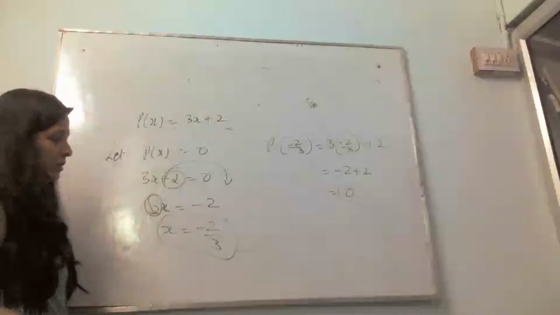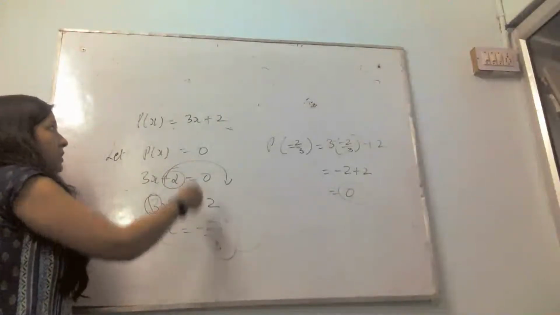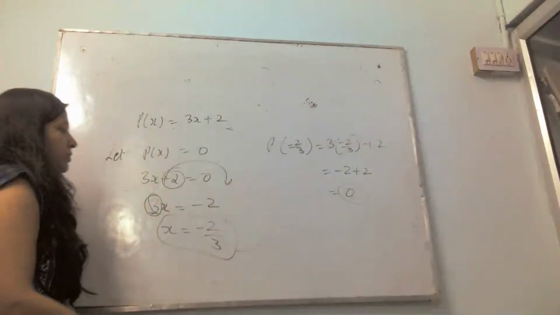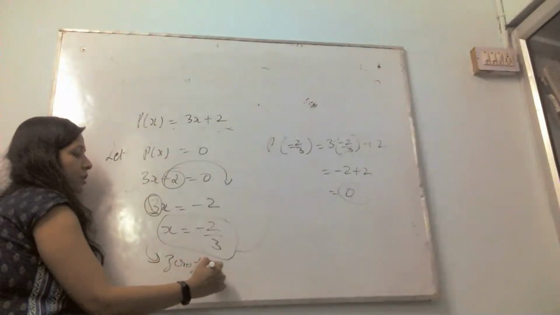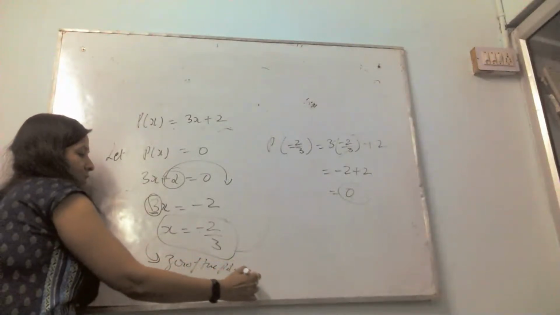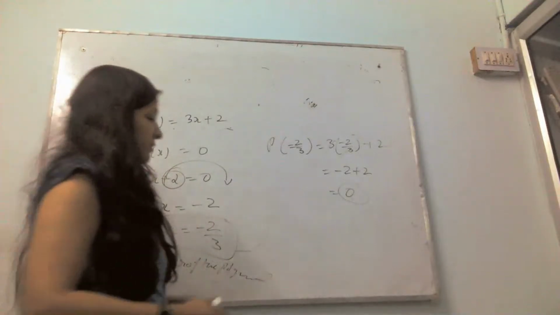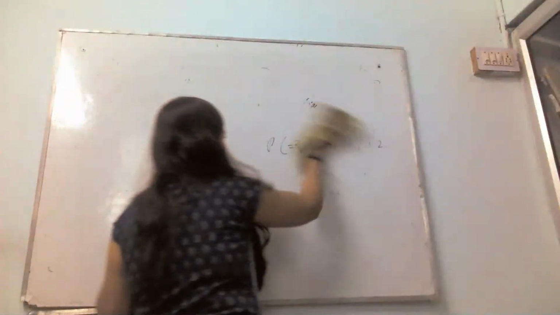So the value x equals minus 2 by 3, on putting into the polynomial, makes the polynomial 0. We can say this is the zero of the polynomial. Let's see another example.